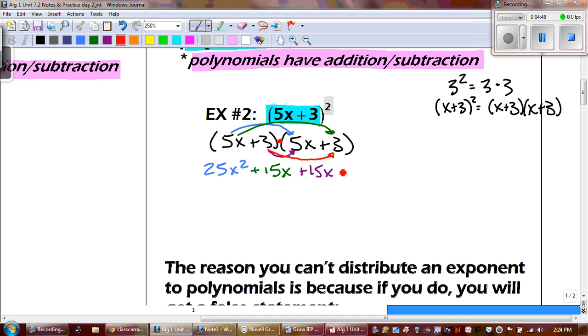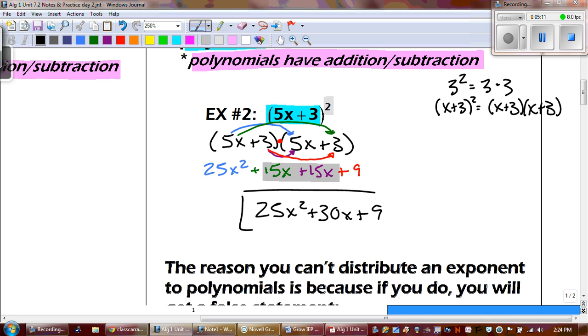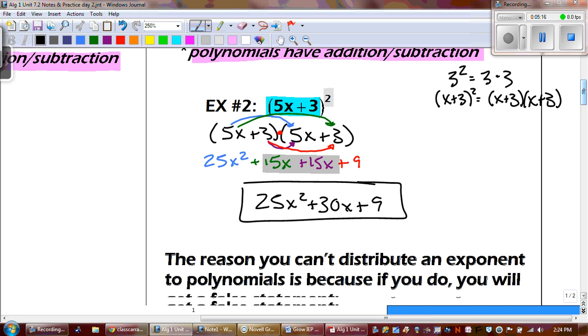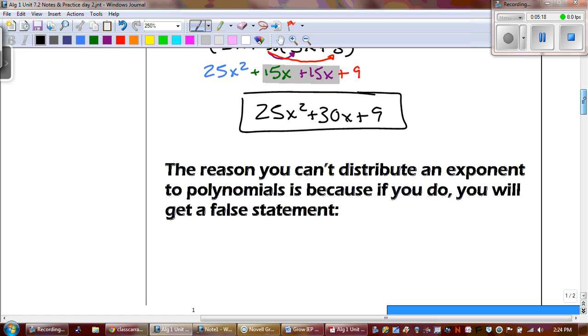And the last one, 3 times 3 is 9. Okay, the last step would be to combine our like terms. And for our final answer, we get 25x squared plus 30x plus 9. Okay, and that would be a quadratic trinomial.